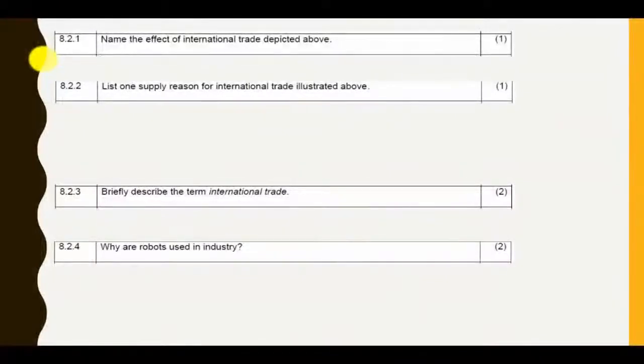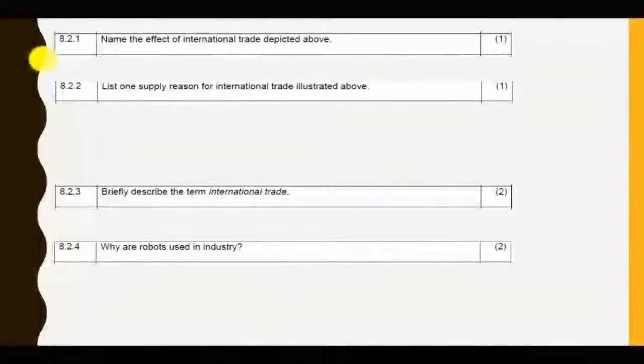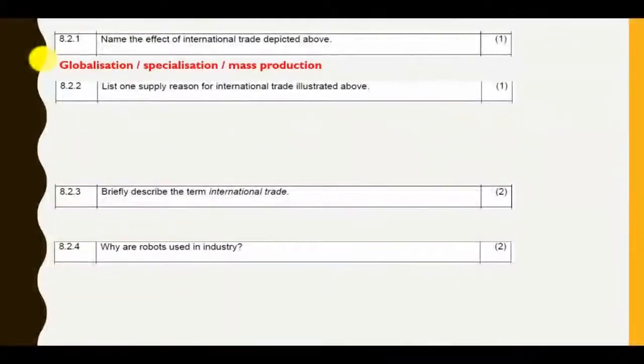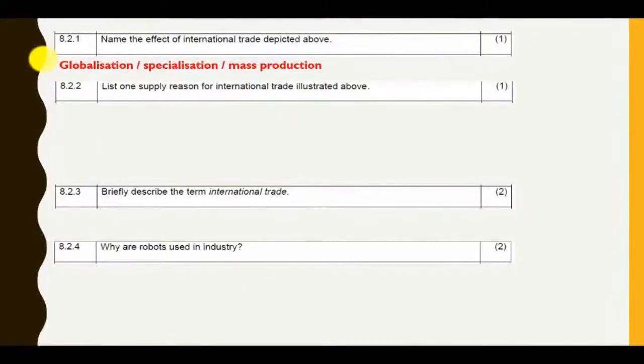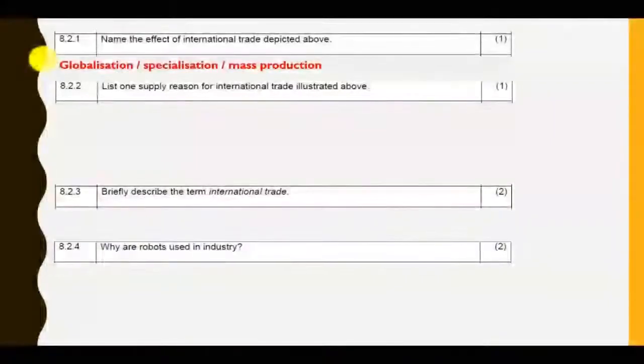I think there's actually more than one answer to this question. The answer that was given was globalization. But if you look at the text and this diagram, you could also say that mass production and specialization could be effects of international trade that are demonstrated by this diagram.